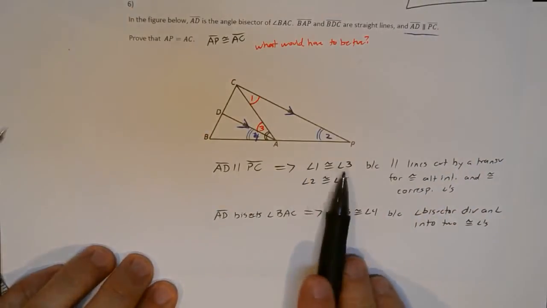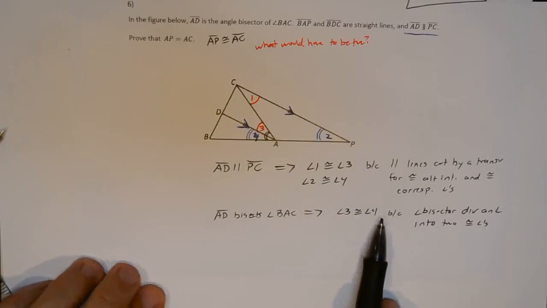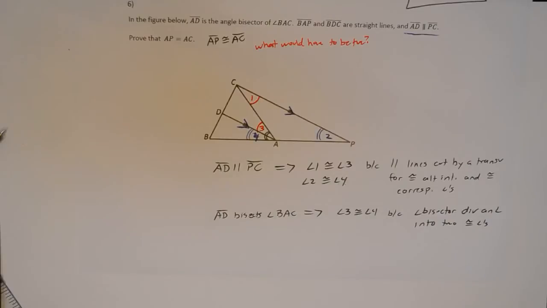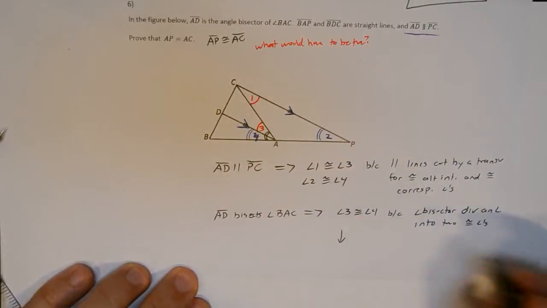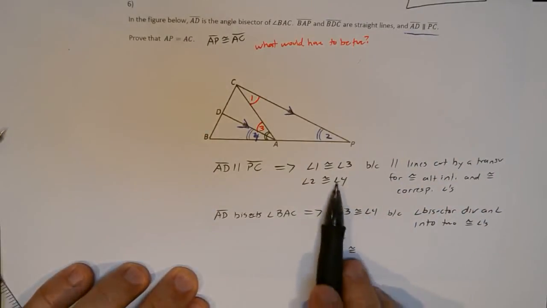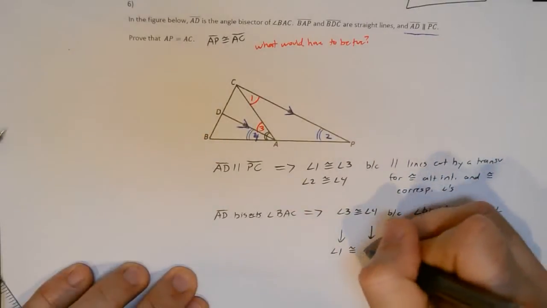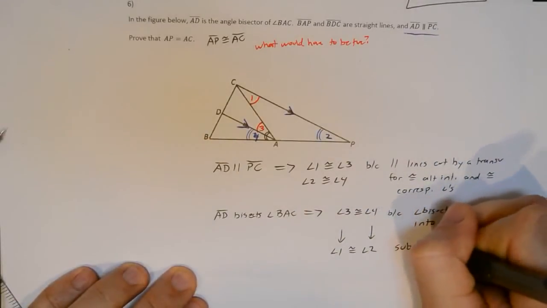So if 1 is congruent to 3 and 2 is congruent to 4, well, if 3 and 4 are congruent, this is our connection right here. All right, so look what we can do. Now we can say angle 3 is congruent to 1, so angle 1 is congruent to, instead of 4, we can put 2, angle 2, and this is by substitution.